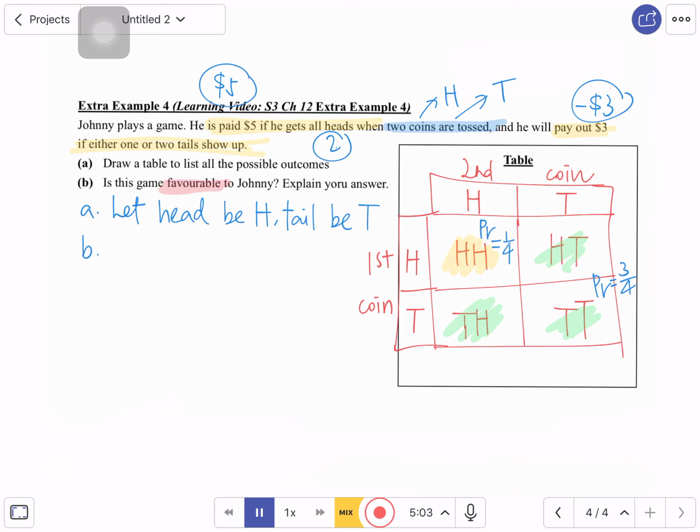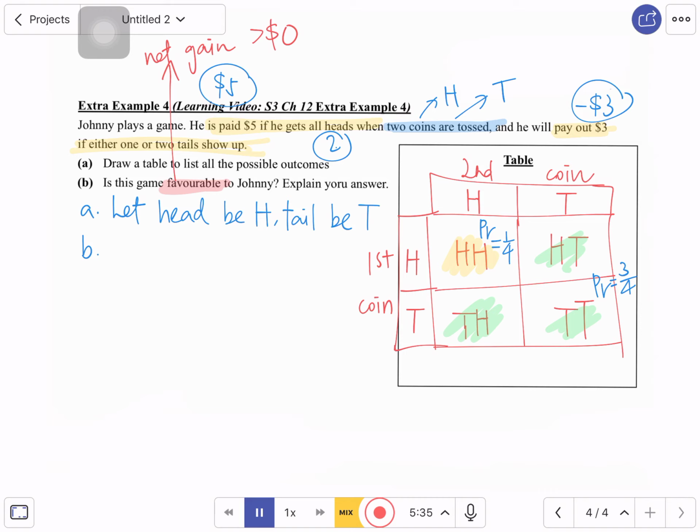It means there will be a net gain for Johnny. It is expected that he can get some money. The amount of money, or the expected value of this game for Johnny, will be greater than $0.